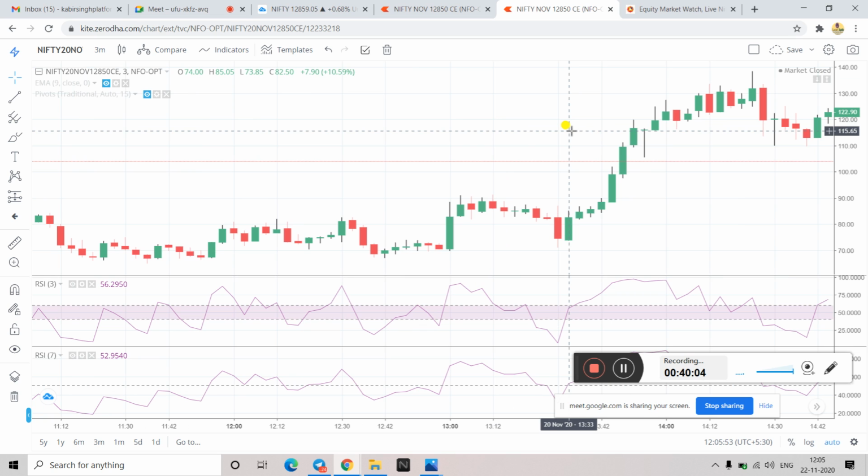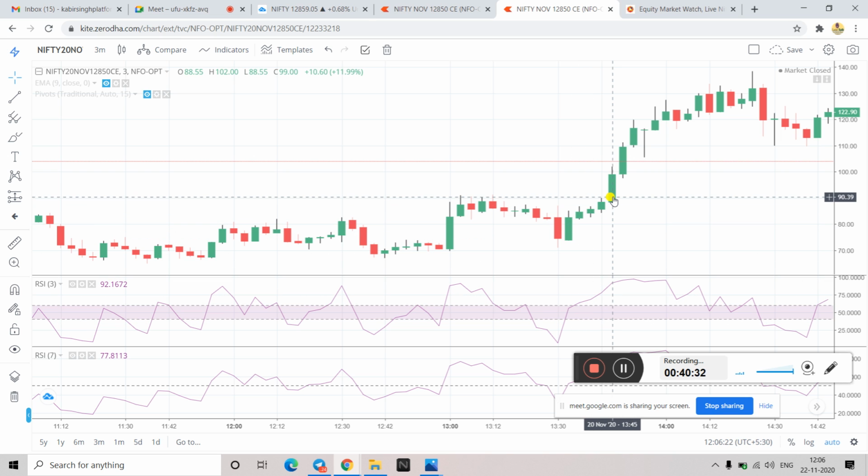When you are trading based on that, the RSI 7 of this block candle, whenever you find it, should be more than 50, and your RSI 3 value should be more than 60. Here it is around 56, but the next candle has gone up. You can understand it is coming up from below, so you can ignore this, or this is again a block candle here.